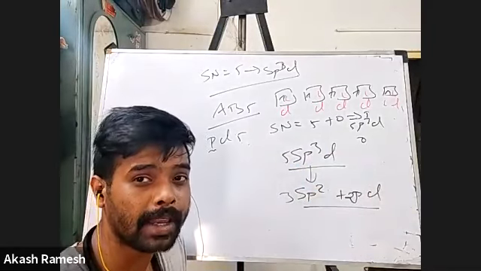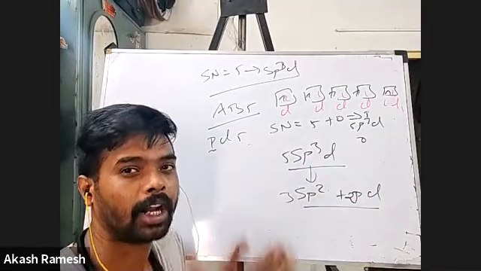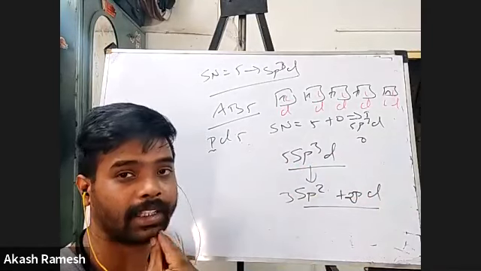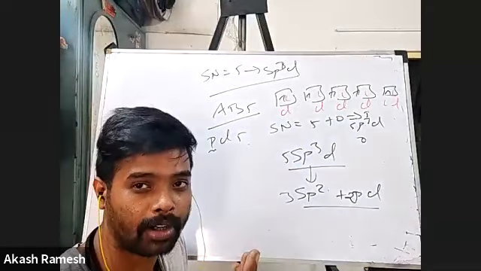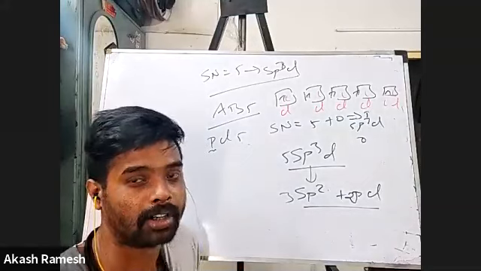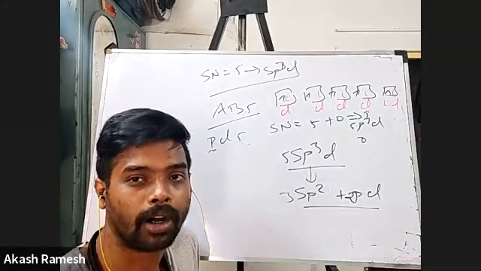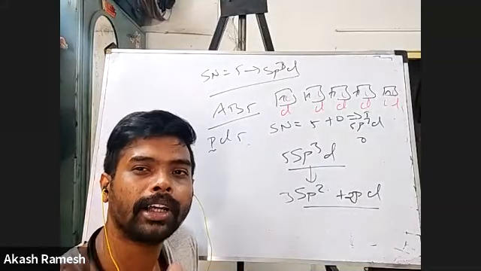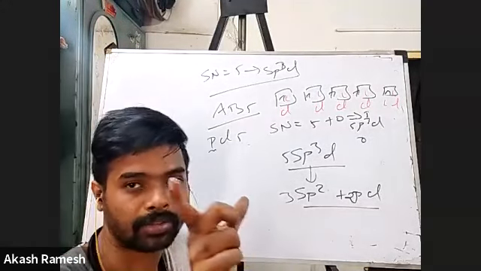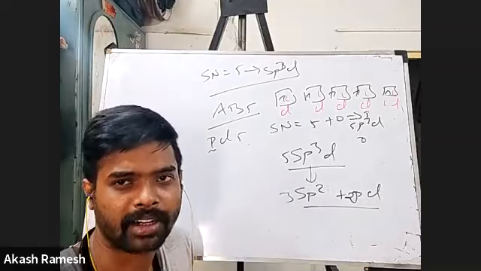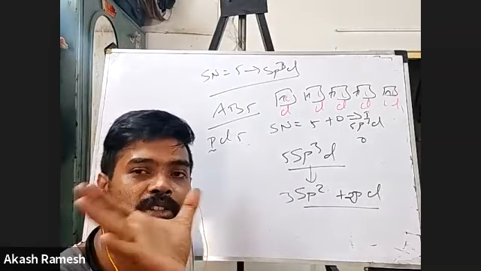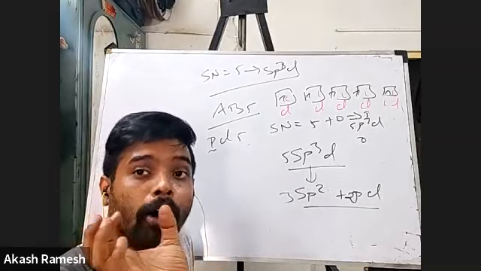Now if that's the case, till now whatever you have seen, like in sp3 I have 4 bonds, or in sp2 I have 3 bonds, all the bonds are going to have the same bond length. What do you mean by bond length? The distance between the nuclei of the bonding atom and the center atom, right? I'm going to have the same bond length, or the same bond strength.